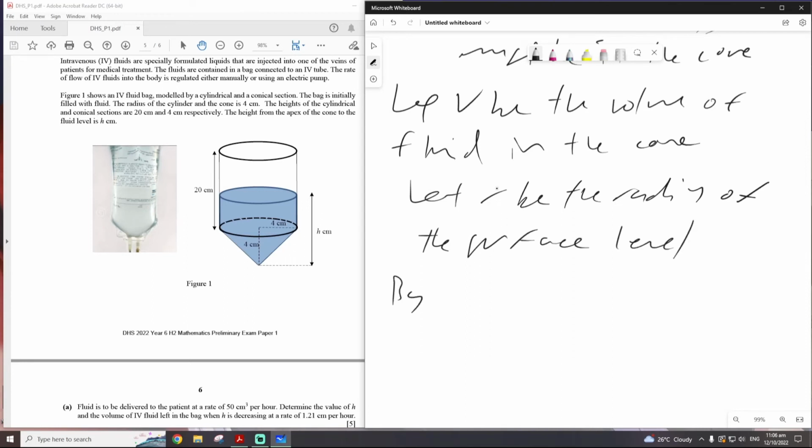Then by similar triangles, we can actually consider H to be the height of the cone already, so we don't need to worry about the cylinder anymore. So we will get R over H, and this is actually 4 divided by 4, because the radius here is 4 and the height here is also 4, so that's 1. So R and H are the same quantity, so therefore you get V equals pi over 3 R cubed.